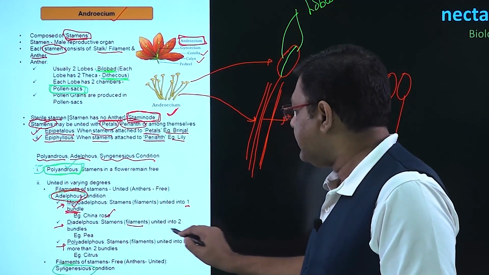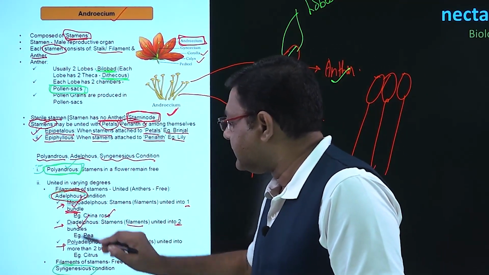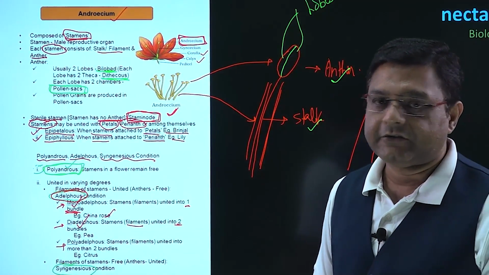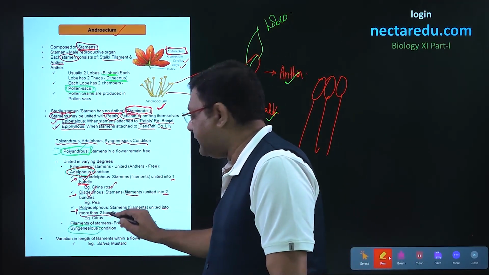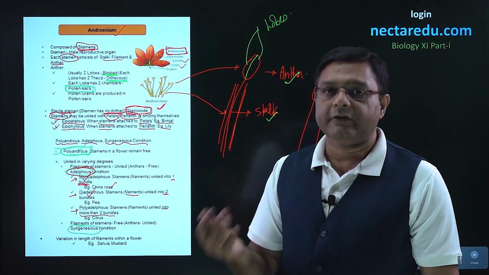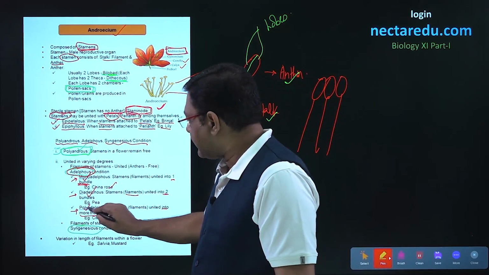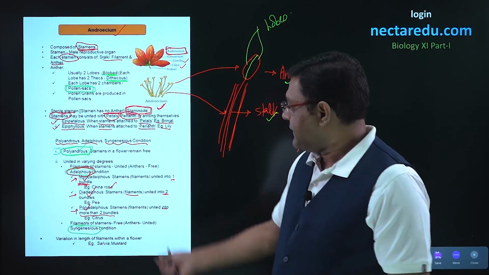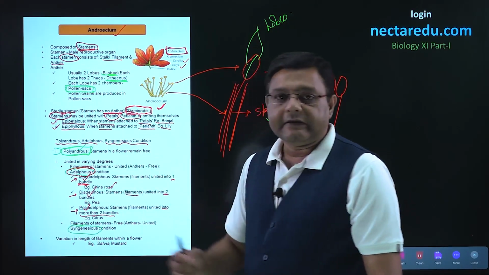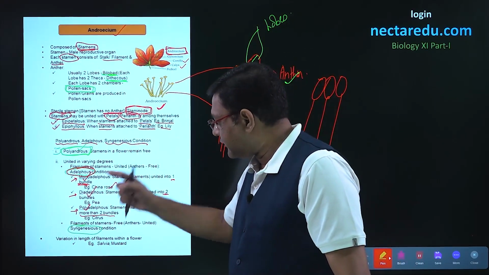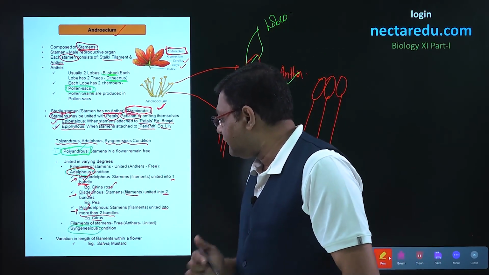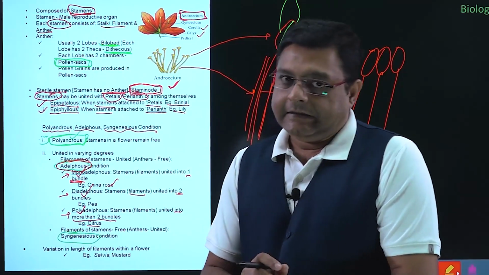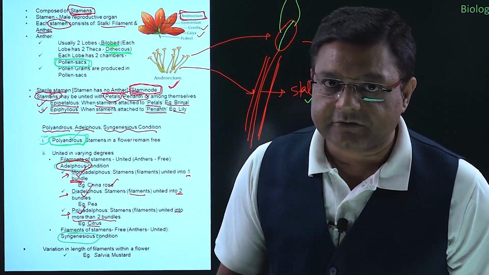If filaments are united into two bundles, this will be called diadelphous condition. And if filaments are united into more than two bundles, this condition will be called polyadelphous condition. The first was present in China rose, diadelphous was present in the case of tea, and polyadelphous is present in the case of citrus. The second case is the syngenesious condition.